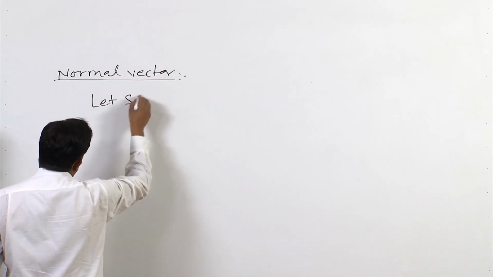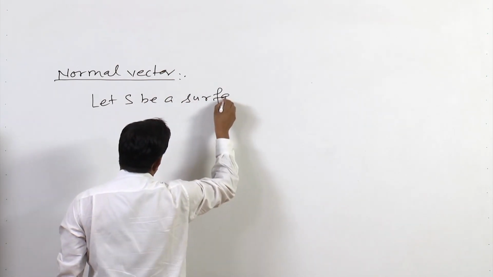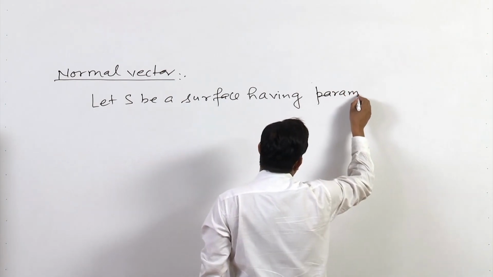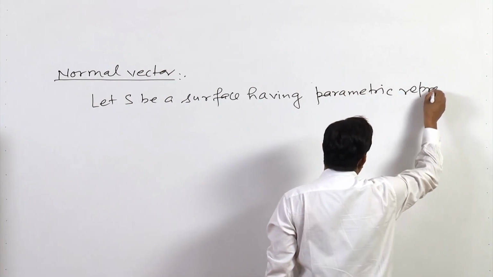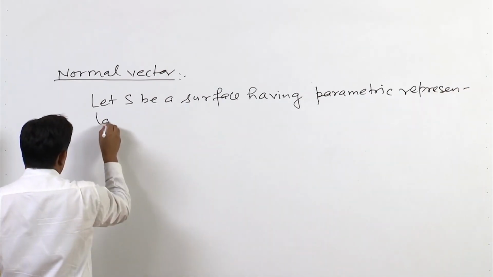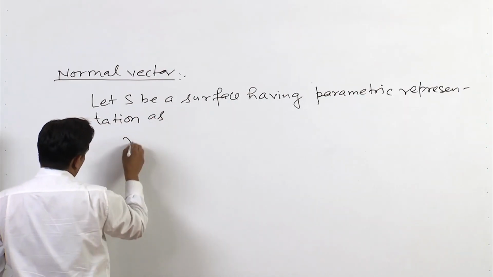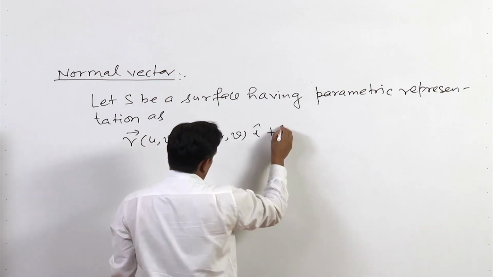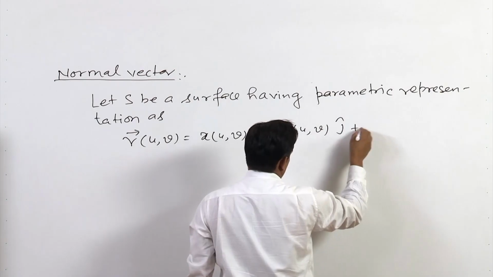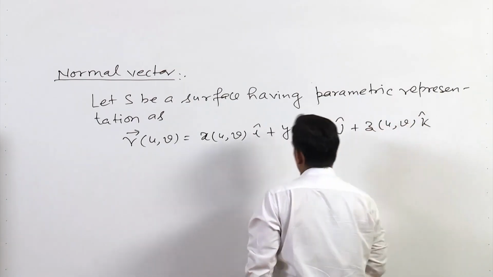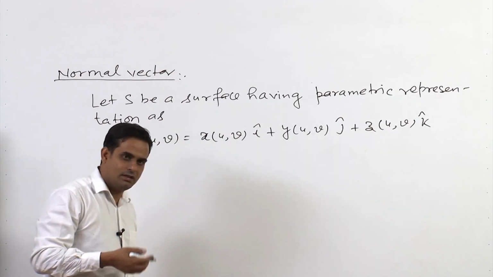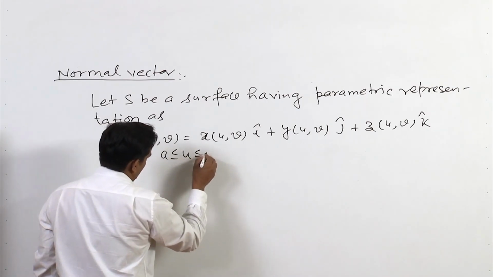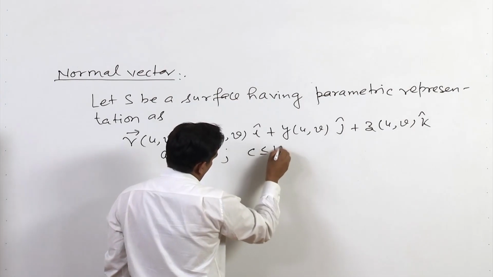So, let S be a surface having parametric representation r(u, v) = x(u, v) i + y(u, v) j + z(u, v) k, and we have some bound on u and some bound on v.